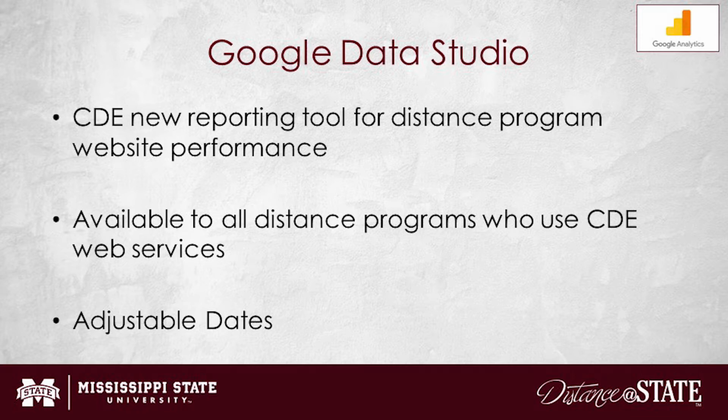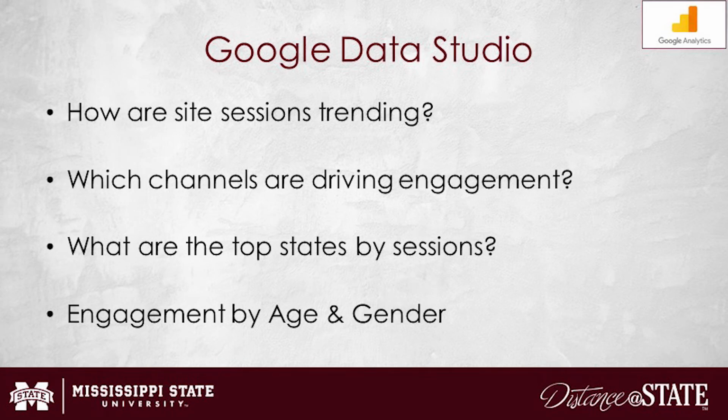This is now provided for all of our business programs, and we can adjust the dates if you've got a specific thing that you want to look at. What we're providing now is how your site is trending, which channels are driving engagement, what the top states are, and your engagement by age and gender. So it's four top-of-the-line things for you to look at, and it will look like this.